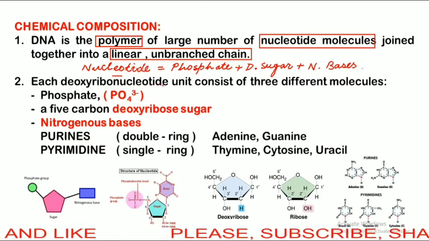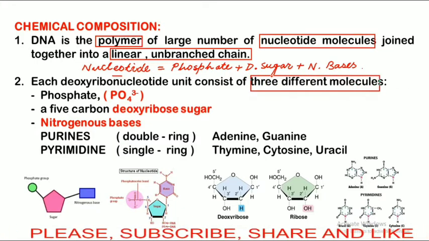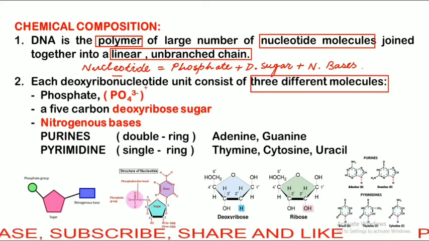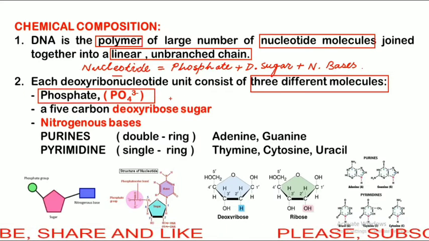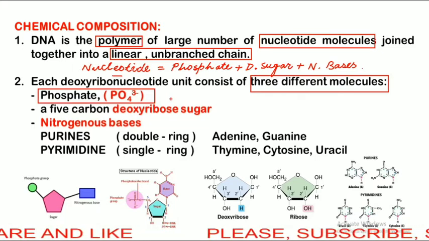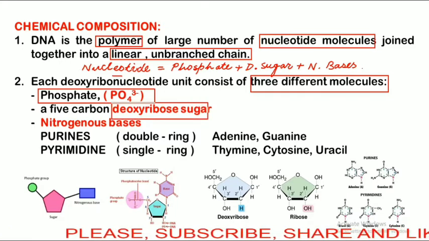Each deoxyribonucleotide consists of three different molecules. First is phosphate. This phosphate is derived from phosphoric acid. Then a 5-carbon deoxyribose sugar.